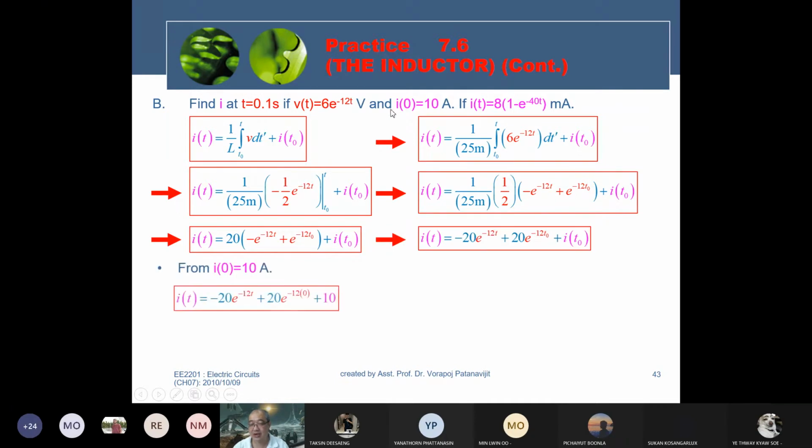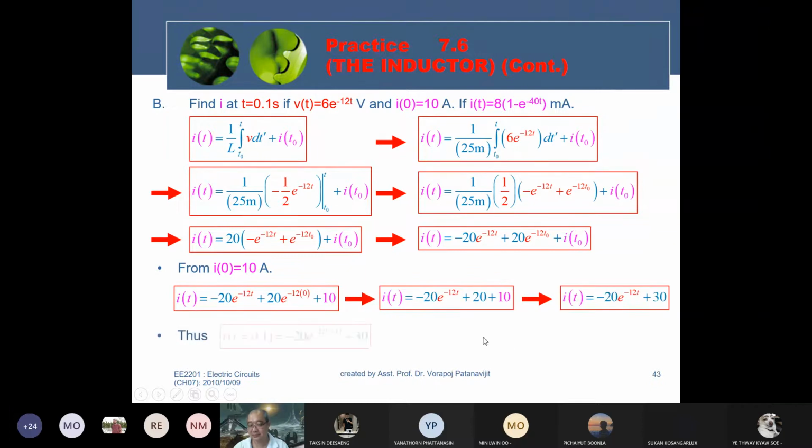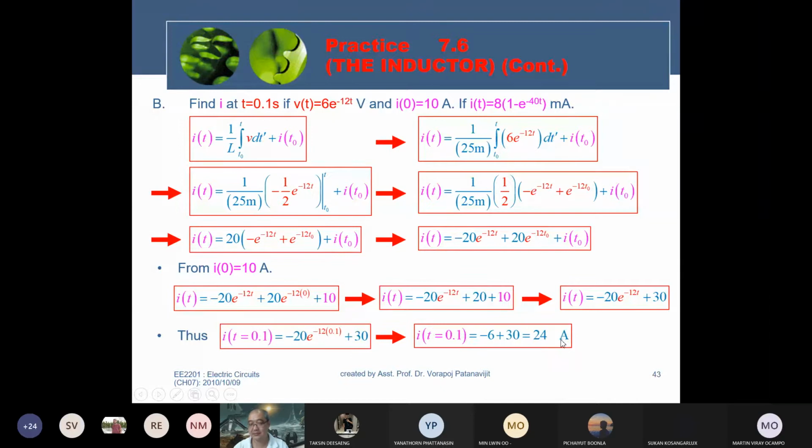Now the question provides the initial condition: I at time equal to 0 equals 10. Substitute the initial condition IL(0) equal to 10, similarly to the previous exercise. In this case, it asks you for I at 0.1.